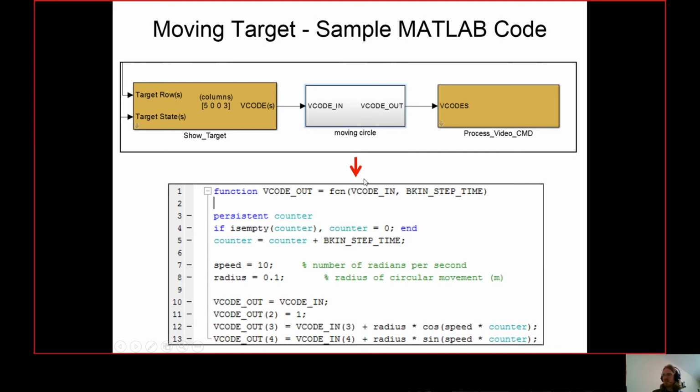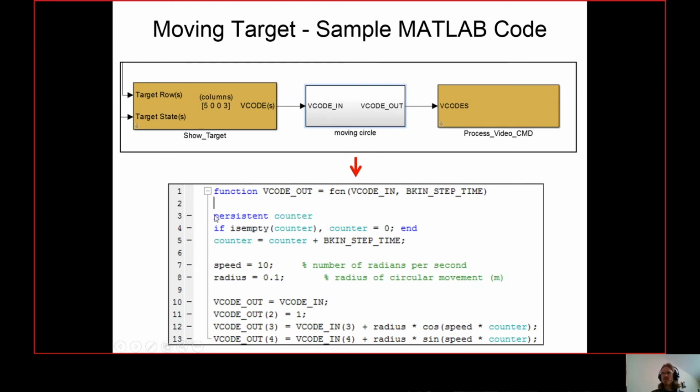So we take in our V code and we output a V code. And what this is doing is, over time, we are taking this V code, whatever position it was at, we're moving out a certain distance, and then we're rotating the target around that location.